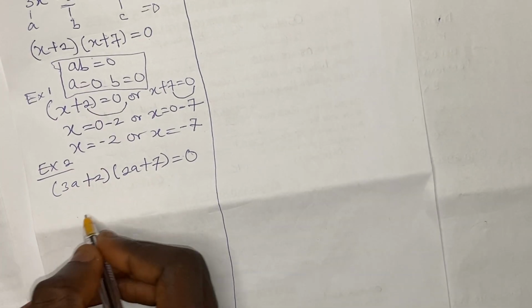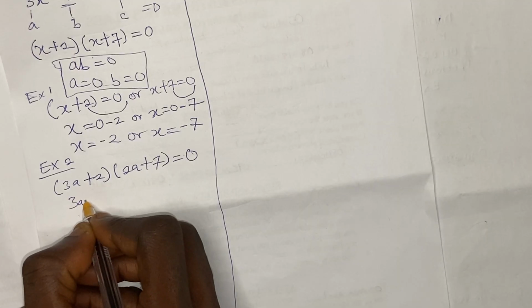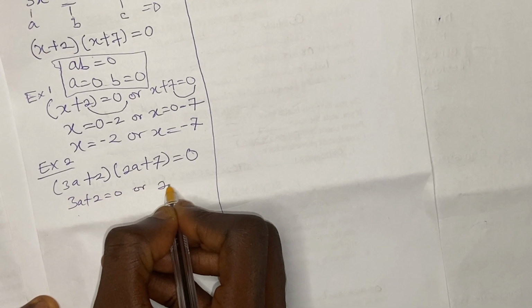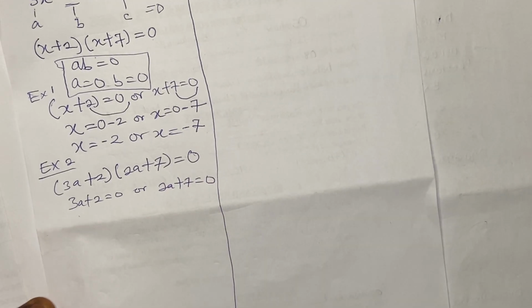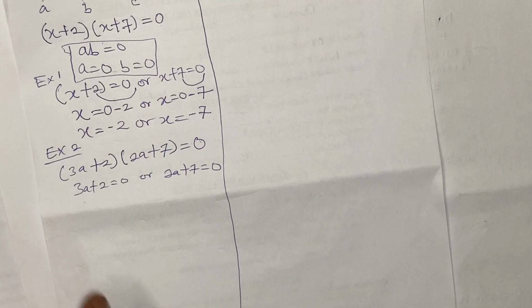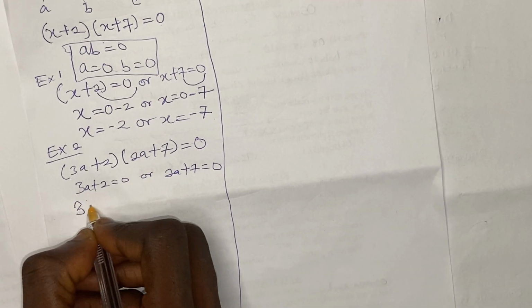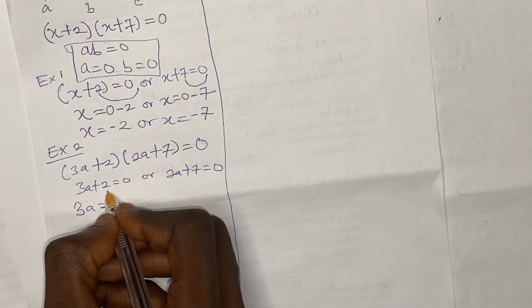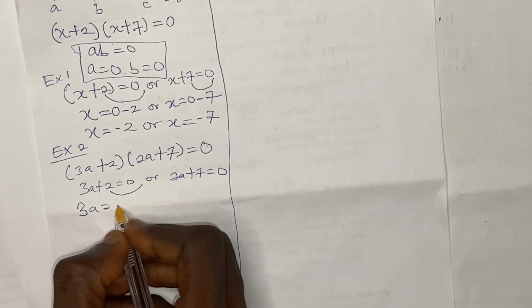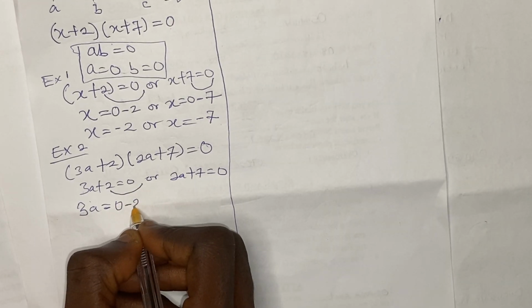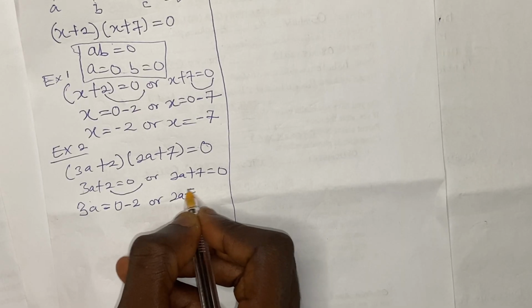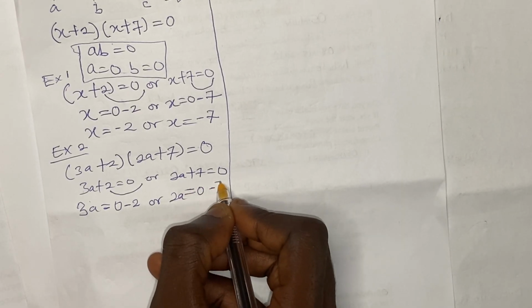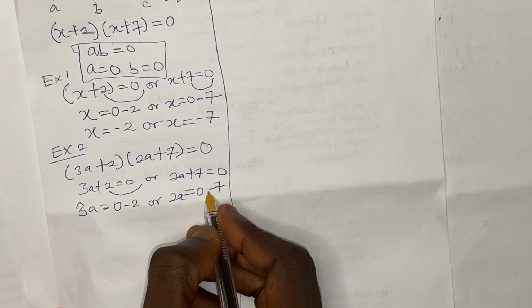Here I will say 3a plus 2 equal to 0, or 2a plus 7 equal to 0. So what will I have now? I will have 3a equal to 0 minus 2, or 2a equal to 0 minus 7.